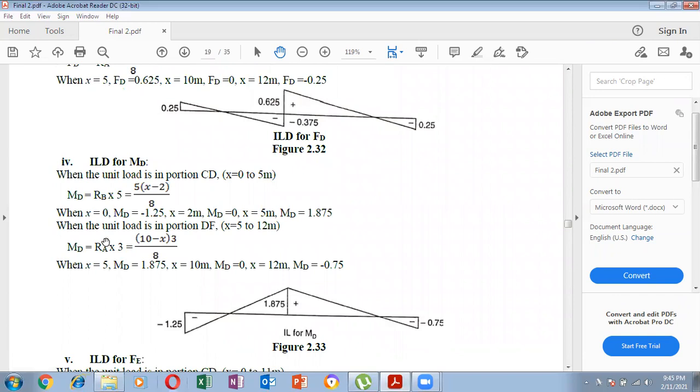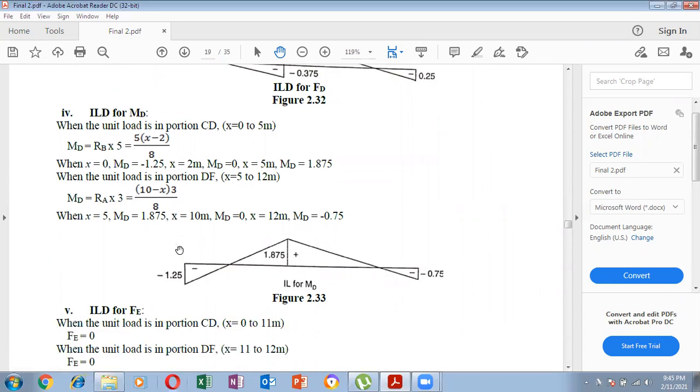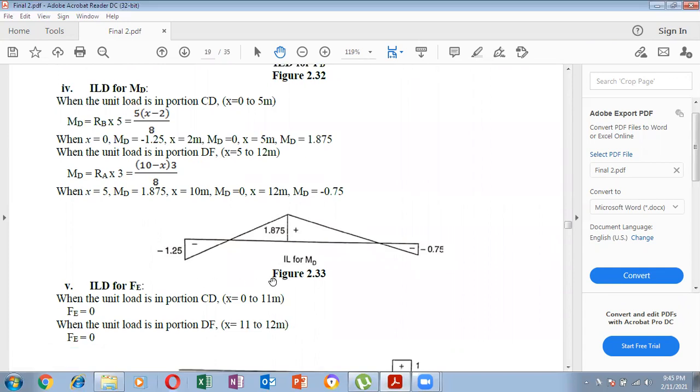We already have the value for RA as 10 minus X divided by 8, into 3. So substituting the limits, H is equal to 5, MD is equal to 1.875, and when H is equal to 10, MD is equal to 0. And when H is equal to 12, MD is minus 0.75. When we plot the ordinates, we will get the shape of influence line diagram for bending moment as shown in the figure.